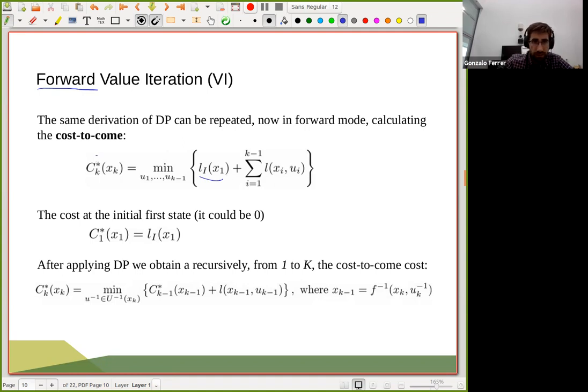This function is called cost to come, right? And it's interesting why value iteration is called this way. So what is value? In this case, value is the value of cost to come, and in the previous case, value refers to the value of cost to go. Some people just use value like this, but here we are going to make this distinction.